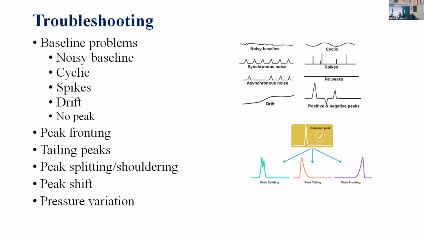Tailing peak, peak split, shouldering and peak shift: these problems are due to bad column condition, bad sample preparation, more viscous samples, contamination in samples, or a less washed column.